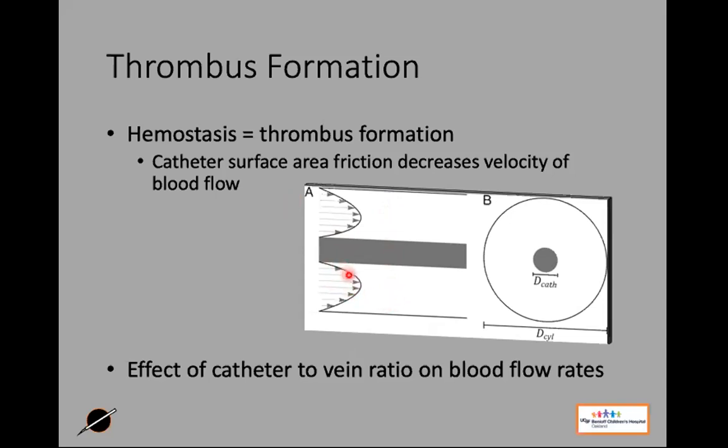This little diagram shows the flow dynamics relative to the walls of the catheter and relative to the wall of the blood vessel. So if we have a really big catheter in a really tiny vein, we're slowing things down. We're going to increase our likelihood for thrombus formation. So we ideally want to use the smallest catheter possible for what we need to do.